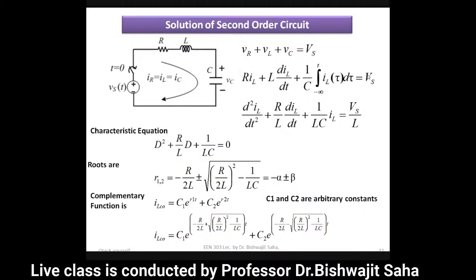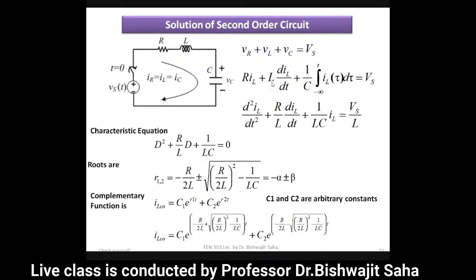And d by dt of Vs. Understand? So after that, we have taken out the L to make d square IL by dt square free of coefficient. All right. So we have made this equation that way.